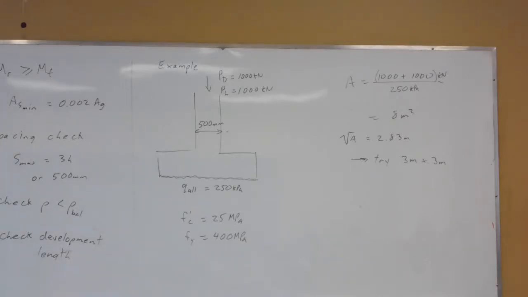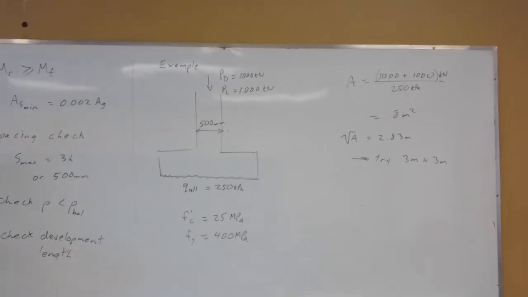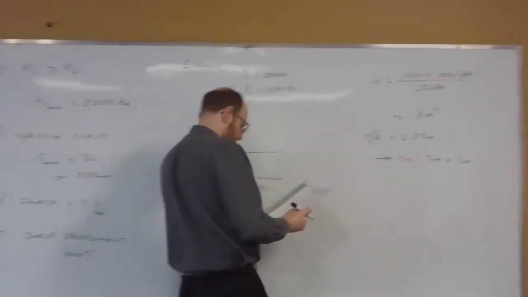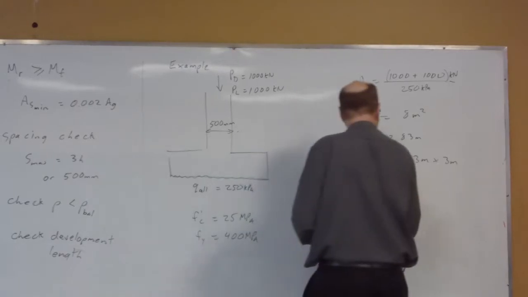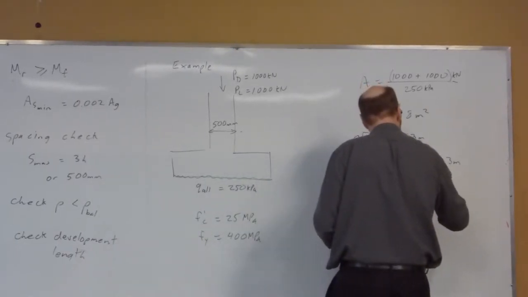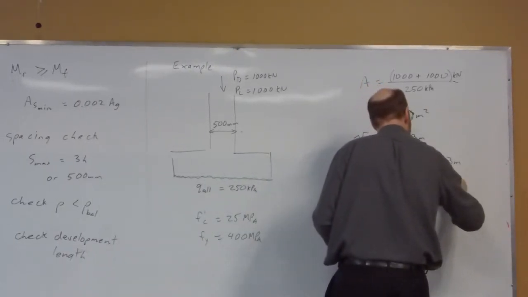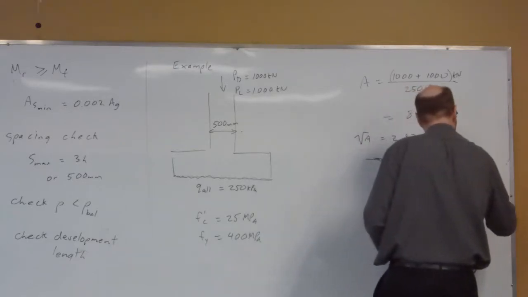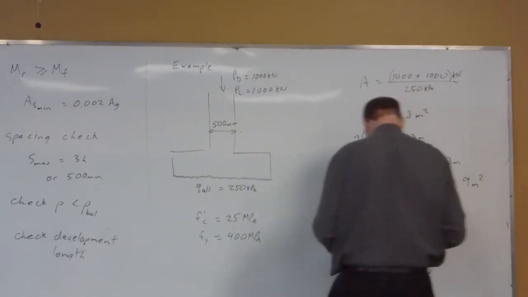We're going to figure out what is our factored soil bearing pressure. Again, that qf is going to be necessary to do these shear and moment calculations. So our actual area is 3 by 3, 9 square meters.